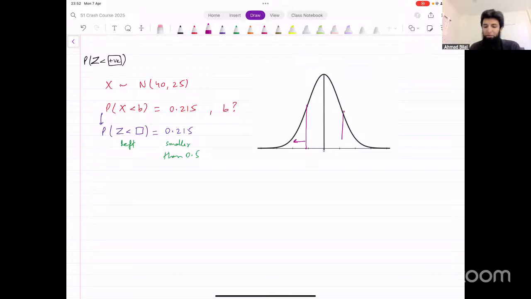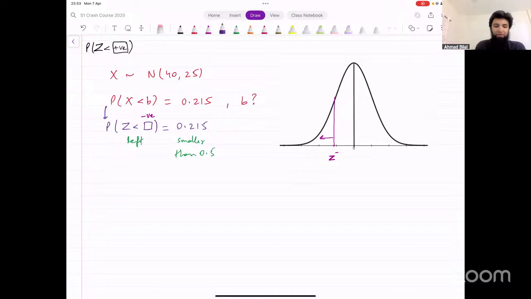If it's on the positive side, the area on the left side would be bigger. So it has to be on the negative side. That means z is supposed to be a negative number. So z is negative, right?